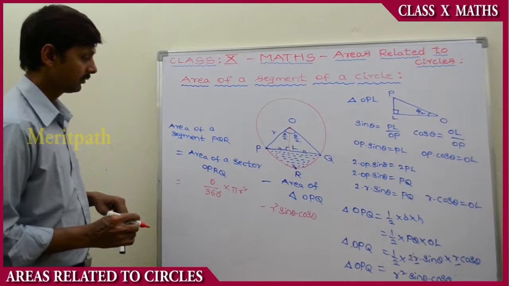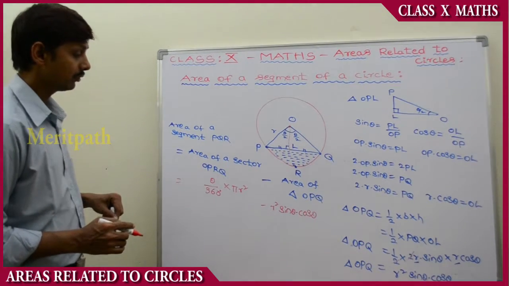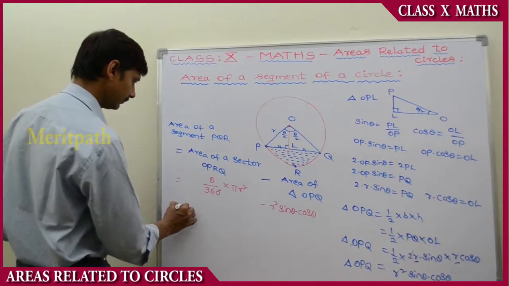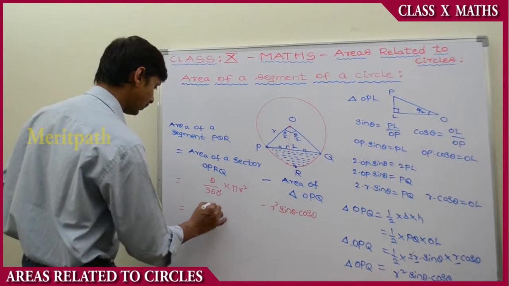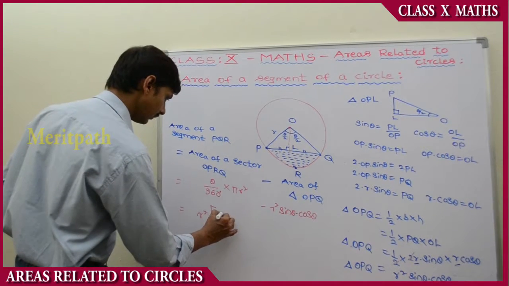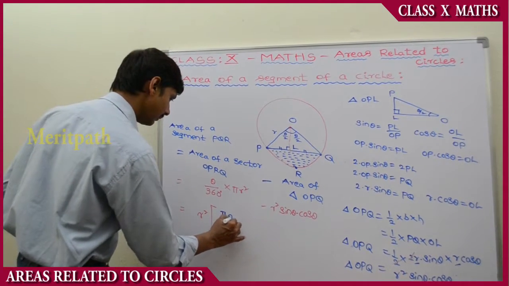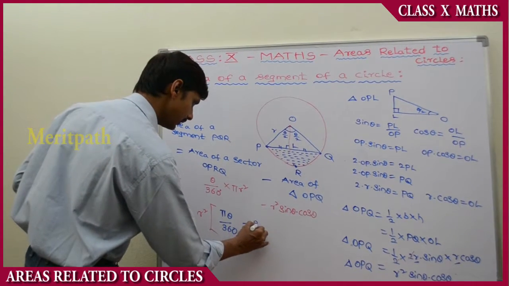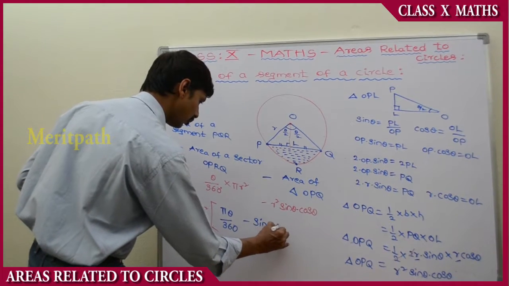From these two you can observe there is a common R square. So let's take R square in common. When we take R square in common, we get pi theta by 360 minus sin theta into cos theta.